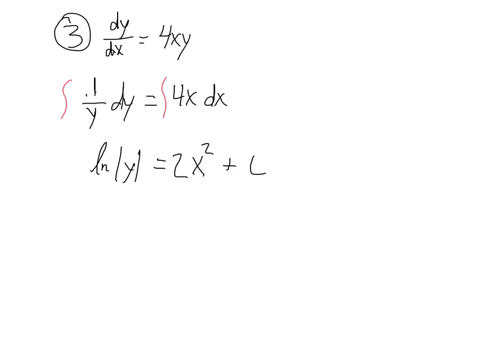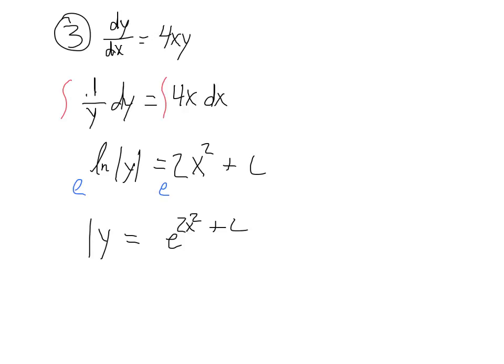Okay, so how do I get rid of that natural log? Well, I can make e the base of both parts here, and so I'd have y equals e to the 2x squared plus c power.